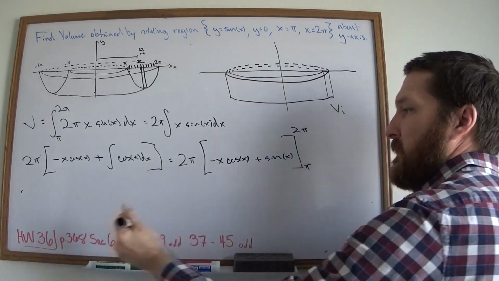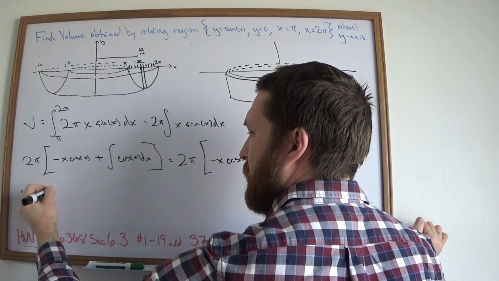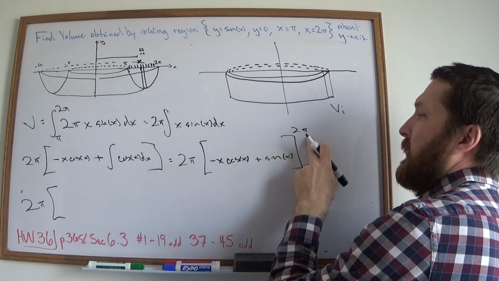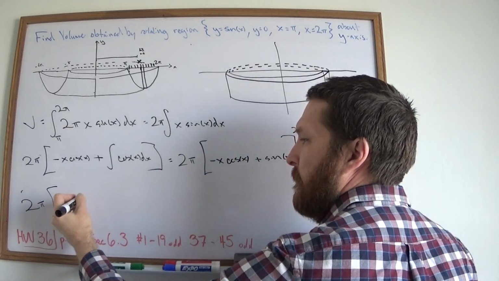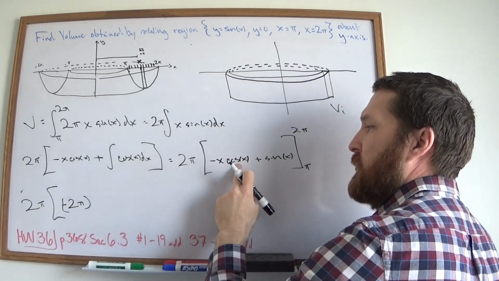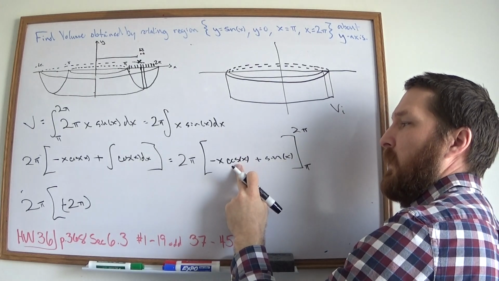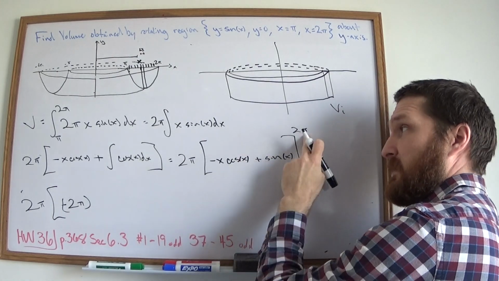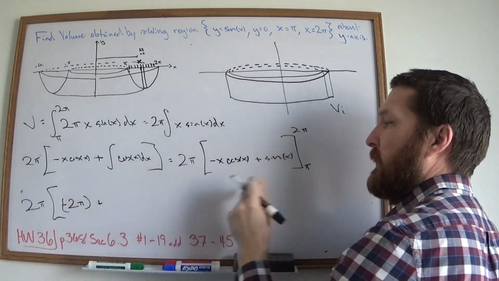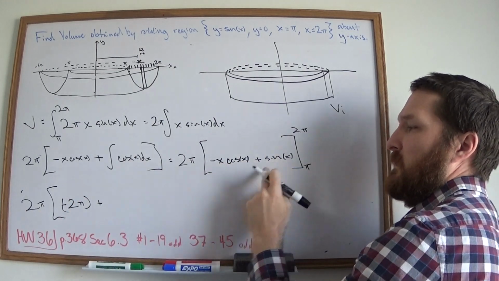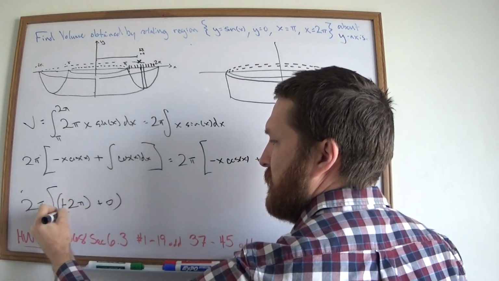So 2 pi times: plugging in 2 pi into here gives me negative 2 pi. Plugging 2 pi into here gives me sine of 2 pi, which is 0. So there's the first part.